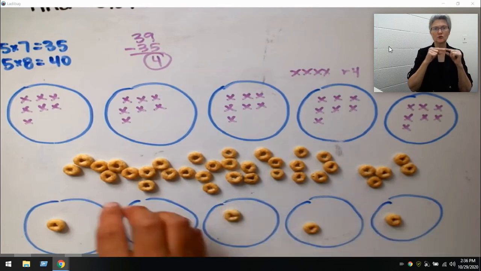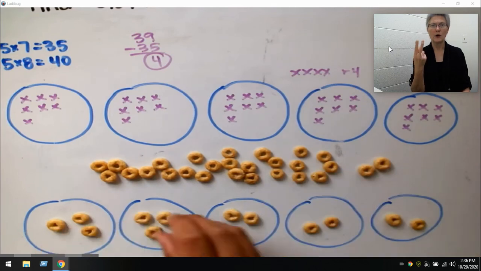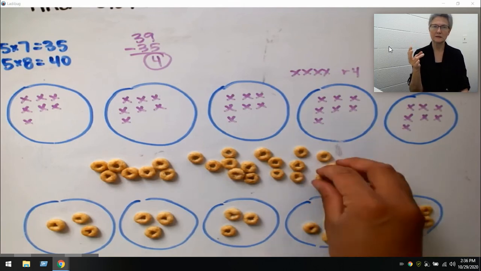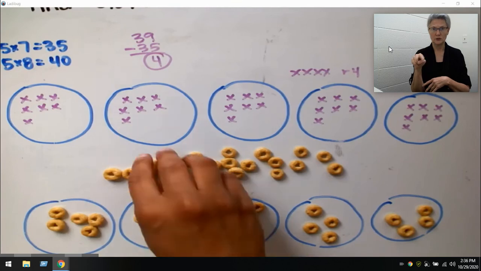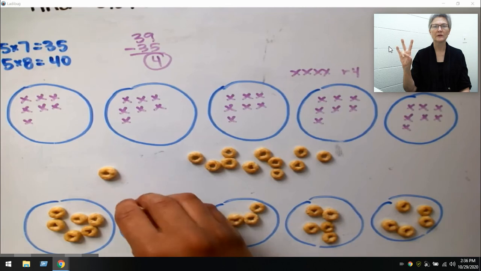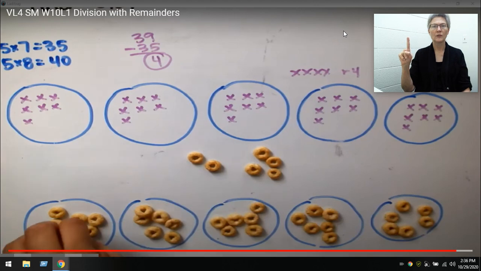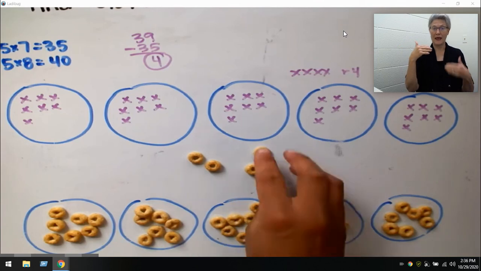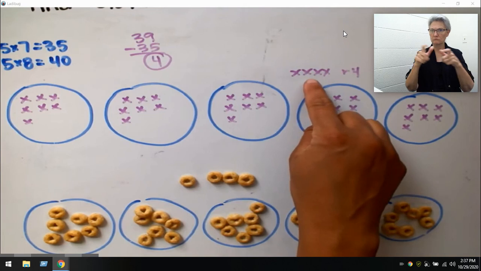So there's 5, 6, 7, and so on, up to 35, and I've got 4 counters left that I cannot place into any of the groups, just like we had 4 up here.